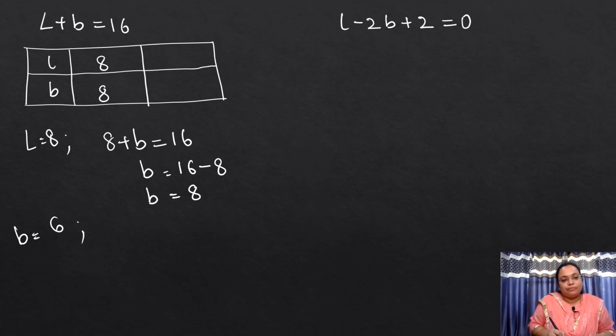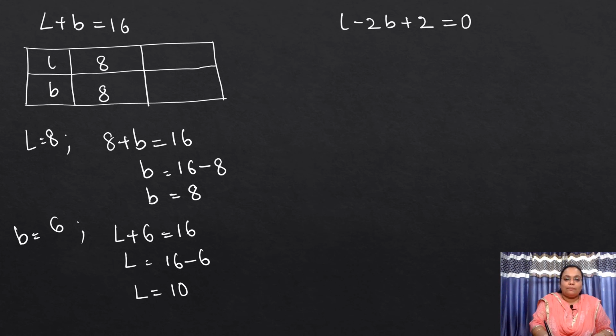If B is equal to 6, L plus 6 is equal to 16. L is equal to 16 minus 6, we will get L is equal to 10. So when B is equal to 6, you will get L is equal to 10. A is (8, 8) and B is (10, 6).